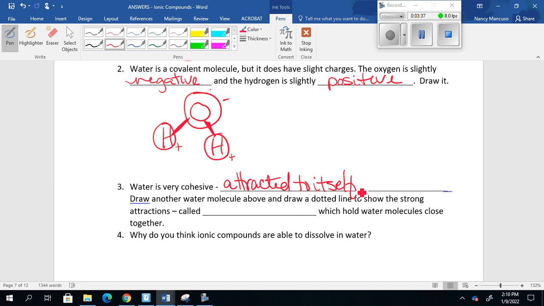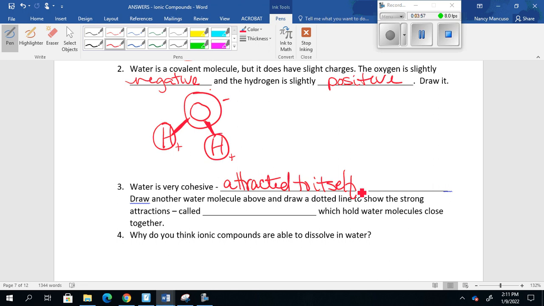Unlike, did you ever spill nail polish remover? If you spill nail polish remover, it really spreads out quickly and it evaporates quickly. But water isn't like that. Water really attracts to each other and comes together and forms little beads of water.